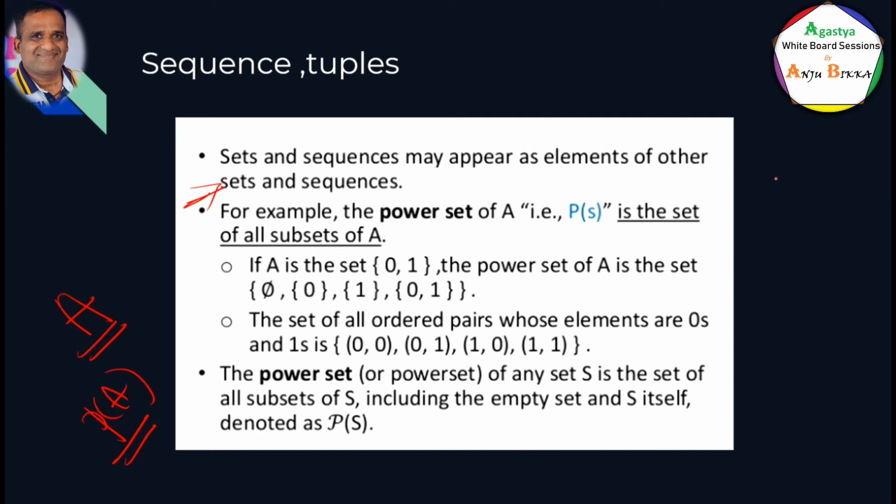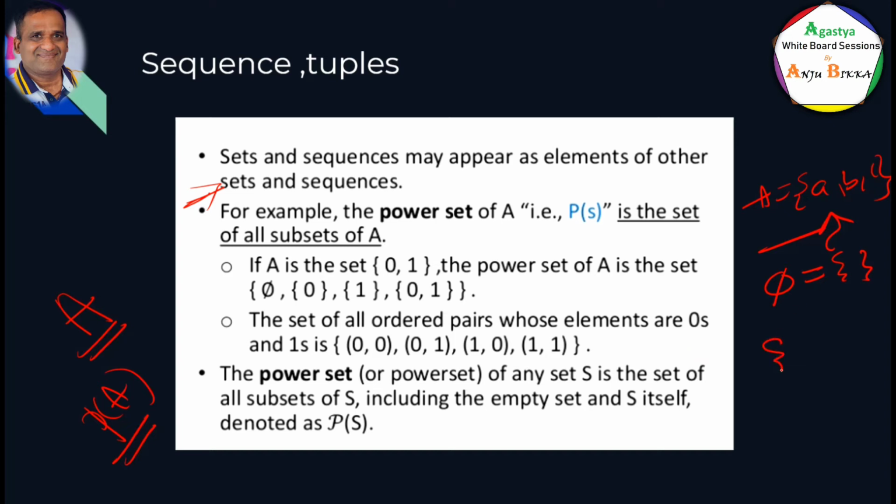What is the meaning of power set? Now when we say set {A, B, C}, the empty set is a subset of A. If you take any set, the empty set is automatically a subset of that set.